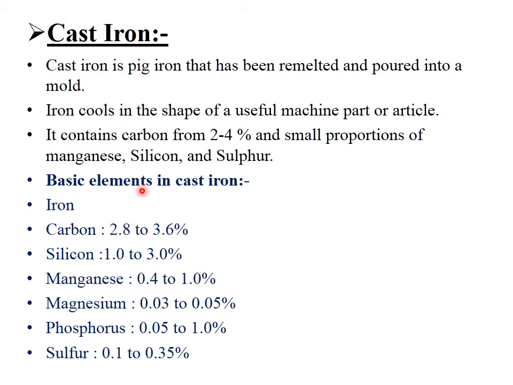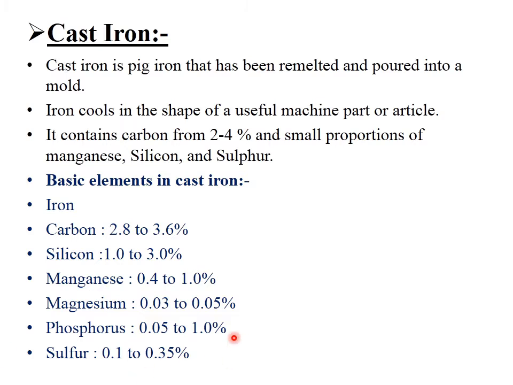So same like steel, cast iron contains main element as iron because it is a ferrous material, correct? Then carbon ranges from 2 to 4%, then a very small fraction of silicon up to 3%, manganese very small fractions, maximum 1%, and other elements, impurities such as phosphorus and sulfur up to 0.2 to 3%.